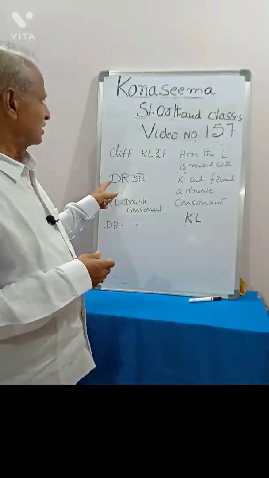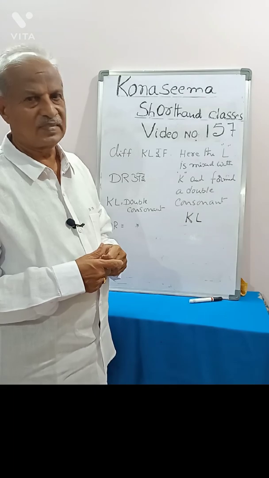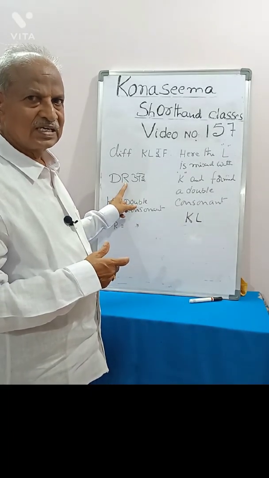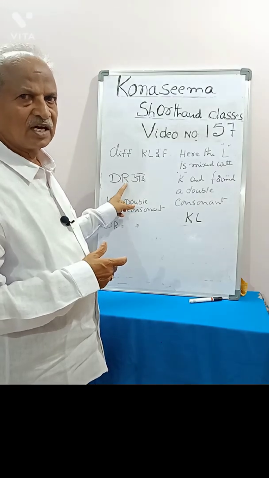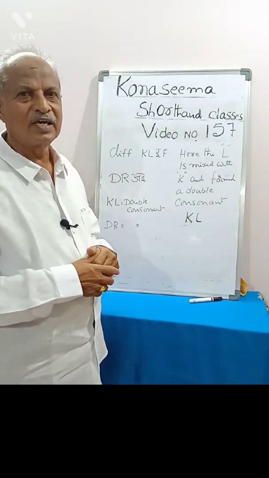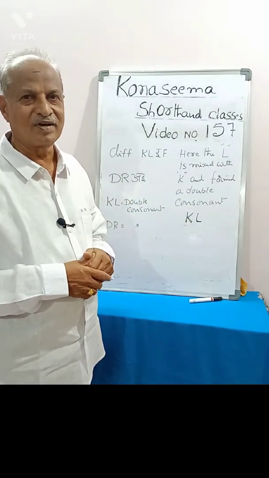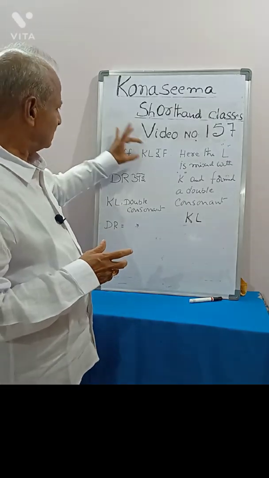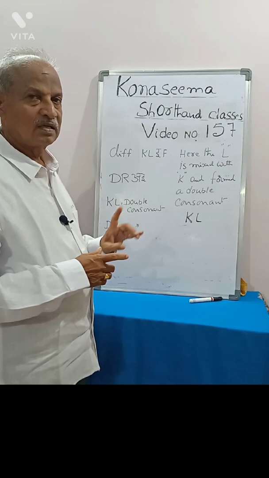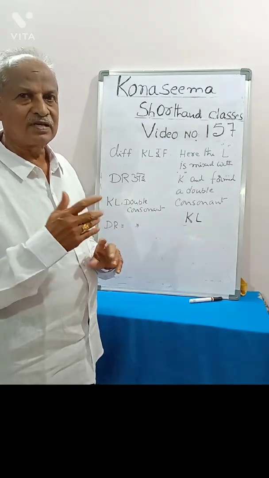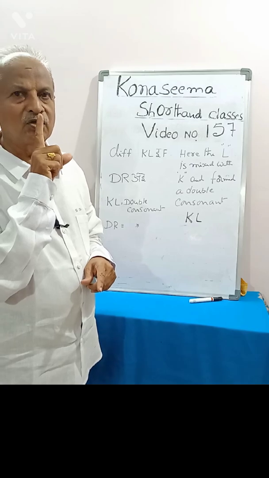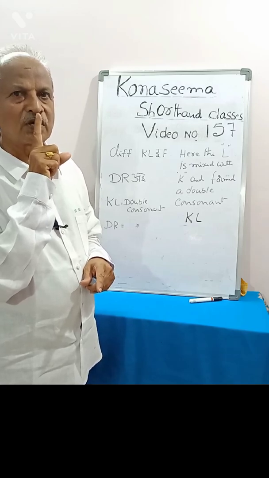Like that, dry. Here the consonant R is mixed with the consonant D and became a der, double consonant. This double consonant kal, this double consonant der are otherwise called syllables. Voice is going at a stretch, kal.